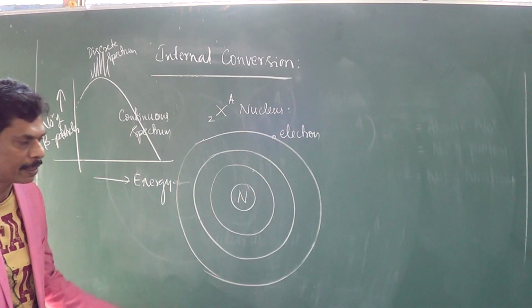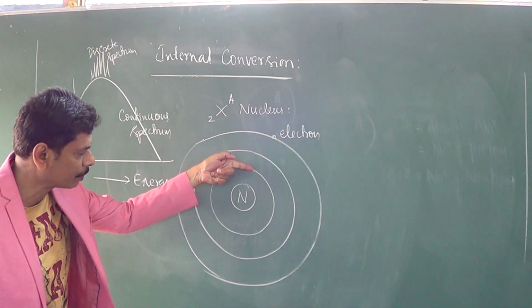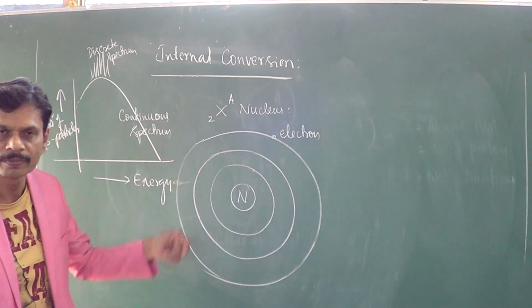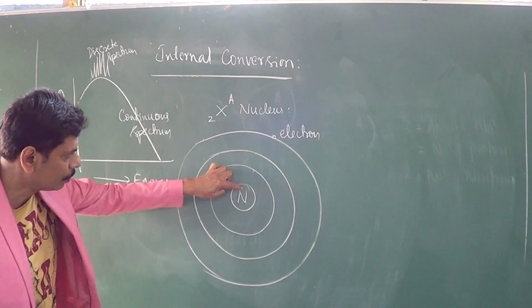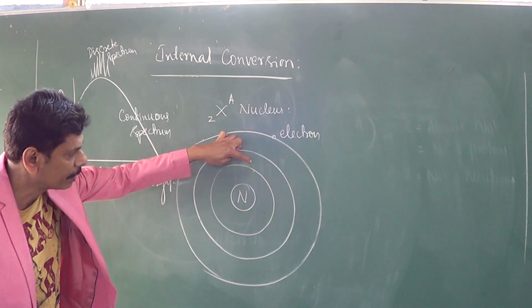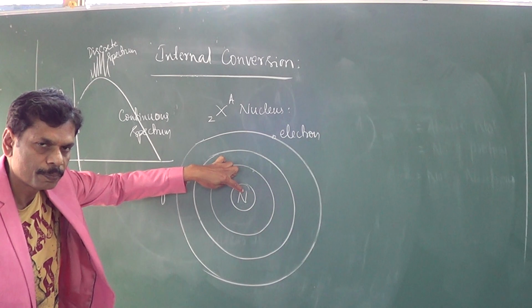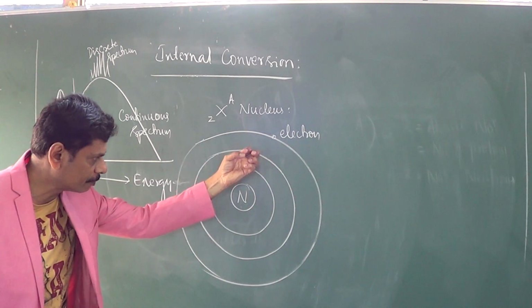F is equal to 1 by 4 pi epsilon naught Q1 Q2 divided by r square. That is the force between the two charges. The electron has negative charge and the protons have positive charge, so there is a force of attraction.